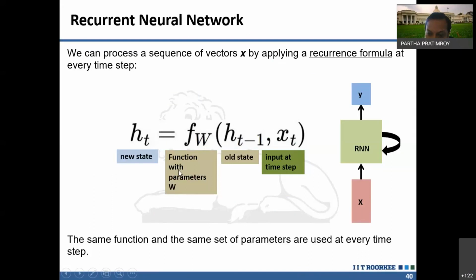Here, as I said in the previous slide, your input will be two sets. One is the input x, and the other is ht minus 1, the outcome or some other values from the previous state.